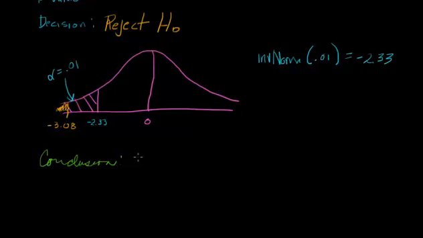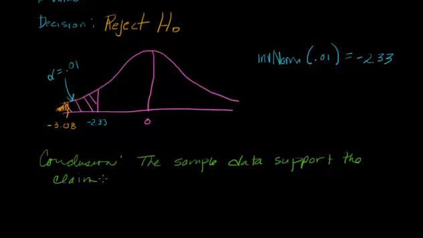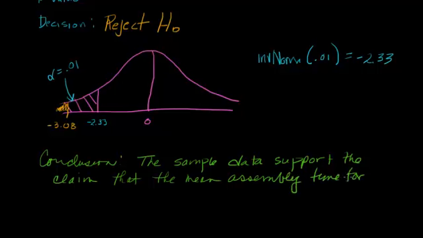So our conclusion is that the sample data support the claim that the mean assembly time for the new method is less than the mean assembly time for the old method.